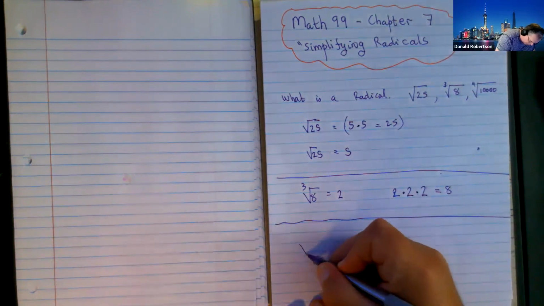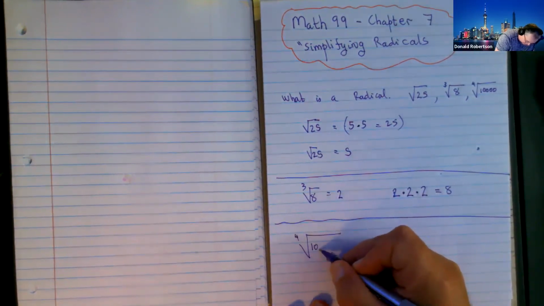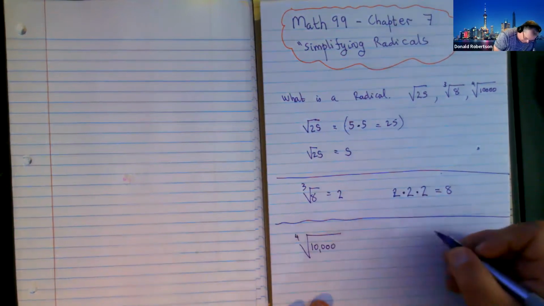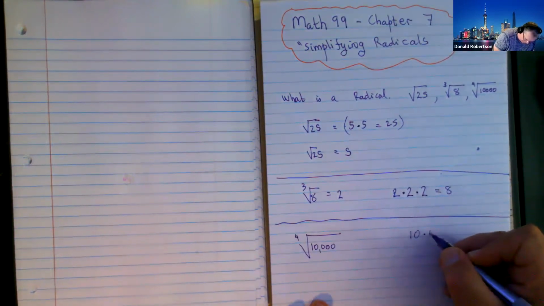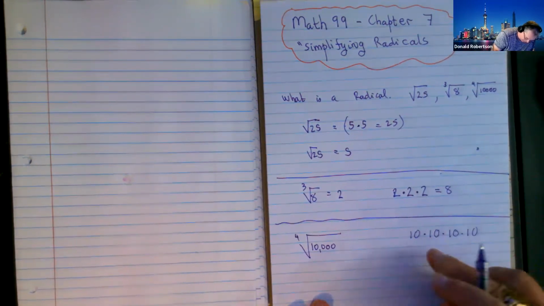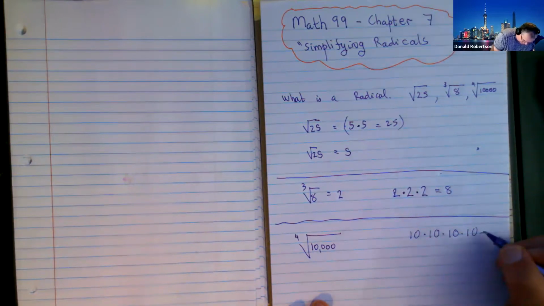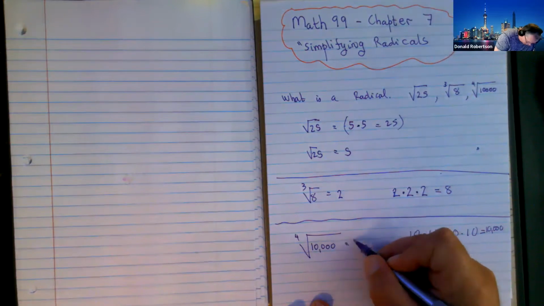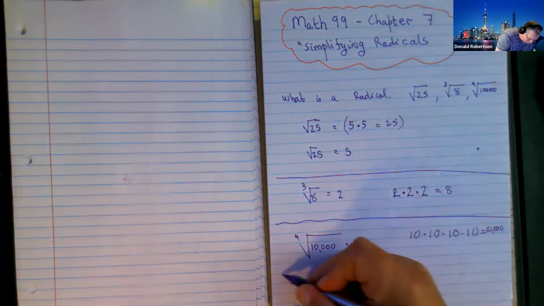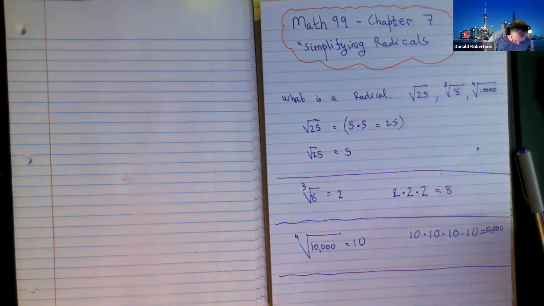And if you wanted to do a fourth root, you would need to find a number times itself, times itself, times itself. So a multiplication 4 times with the same number, that would give you 10,000. And if you can find such a number, because you aren't always going to be able to do that, you will have found the fourth root.